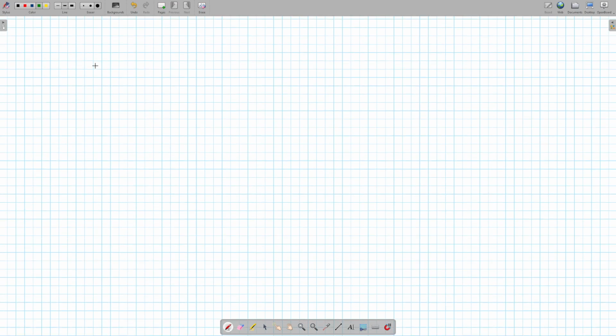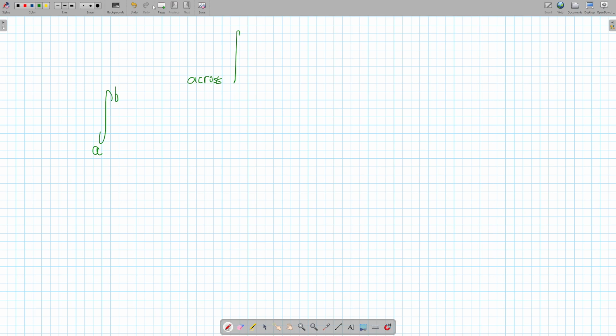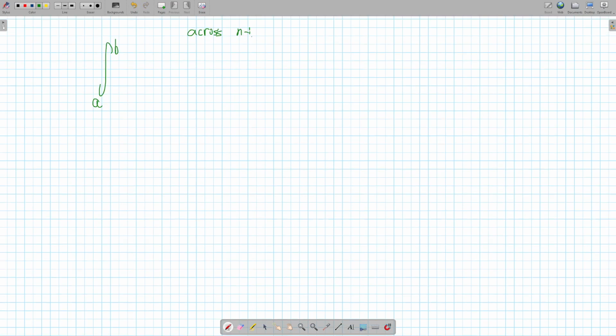So this is where the rule comes. The integral from a to b across n subintervals of any f of x is equal to h over 2 times f of x0 plus 2 f of x1 plus 2 f of x2 and so on until 2 times f of x, the one before the last.